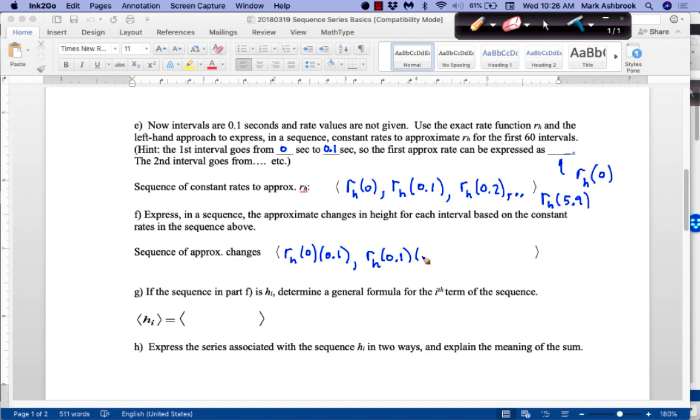Times, this is basically the same as at the top of the page, but we're using function notation to express the rates now. Etc. The last one will be R sub h of 5.9 times 0.1.